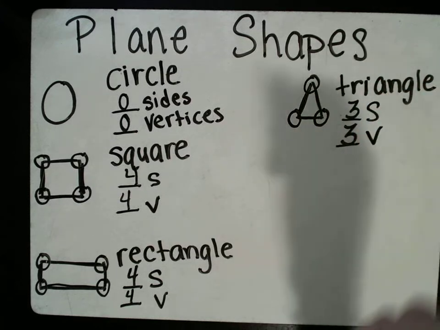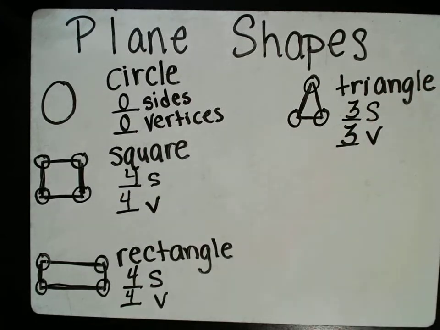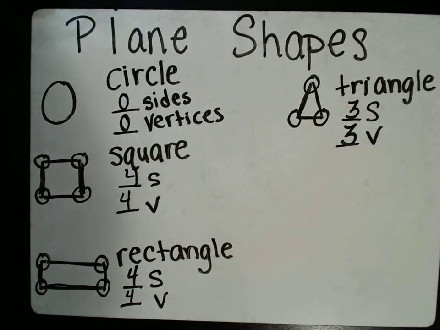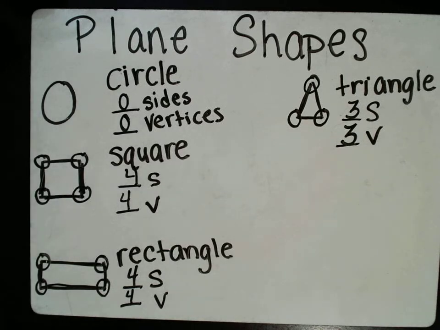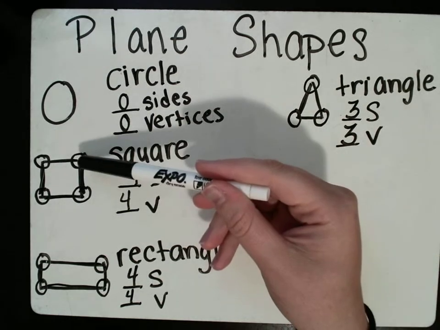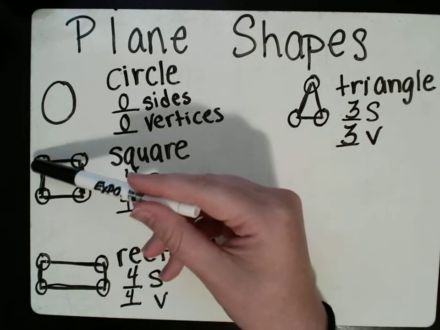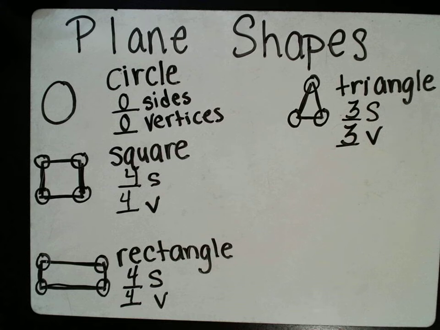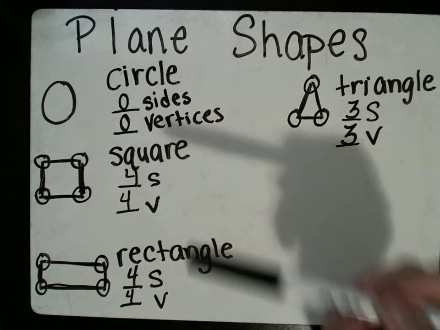But what if I said there's a shape that has 4 sides and 4 vertices? How could you tell if that was a square or a rectangle? The answer is the sides on a square are all the same length. So if I described a shape that had 4 sides and 4 vertices and all of these sides were equal, you would know it was a square.